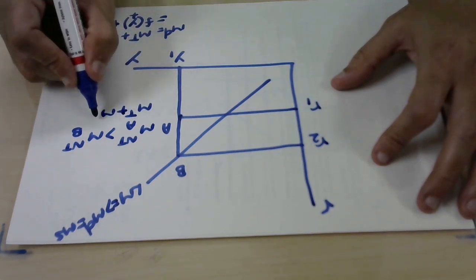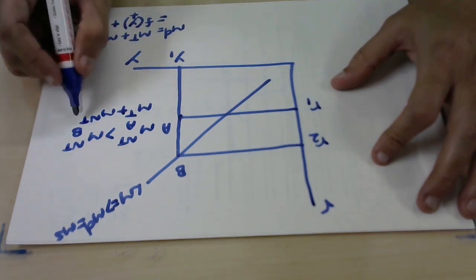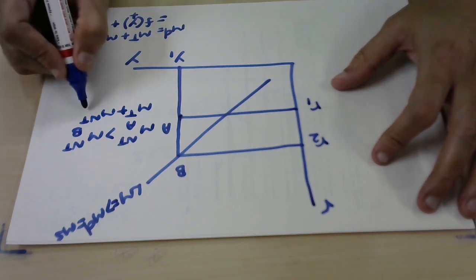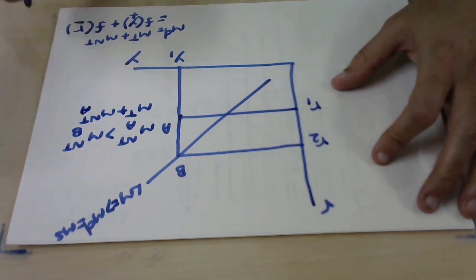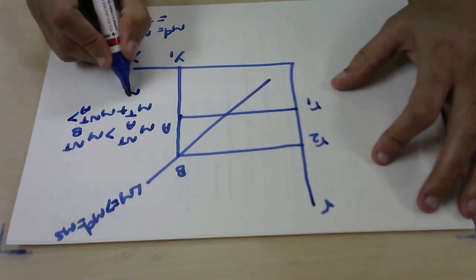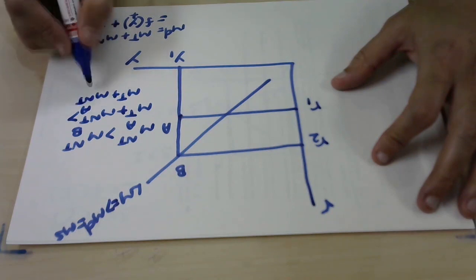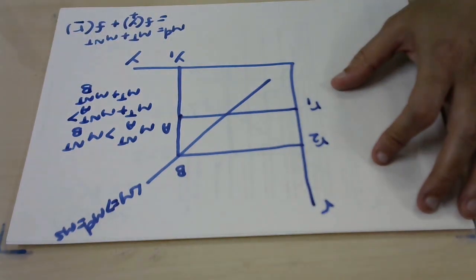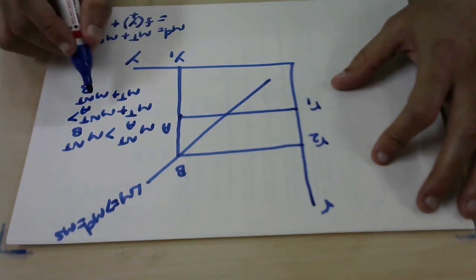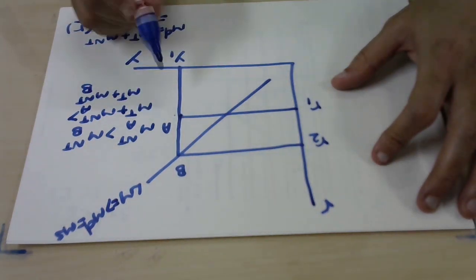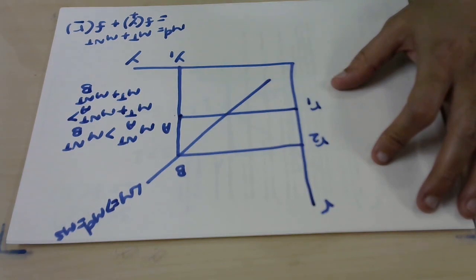So MT plus MNT at point A will be greater than MT plus MNT at point B. So money demand at point A will be greater than the money demand at point B, and nothing has changed to the money supply.